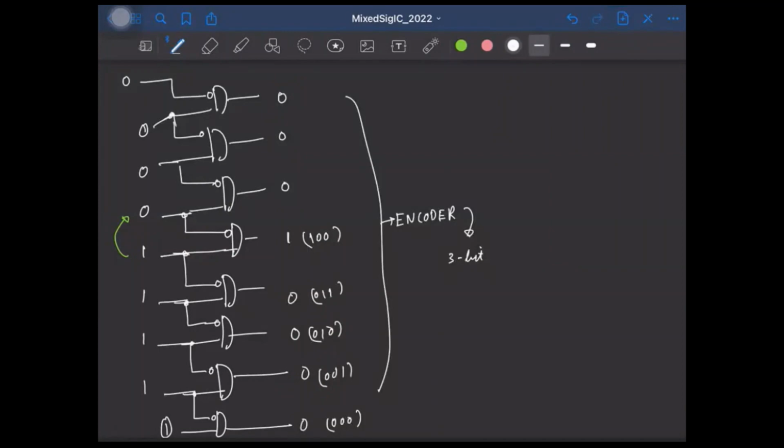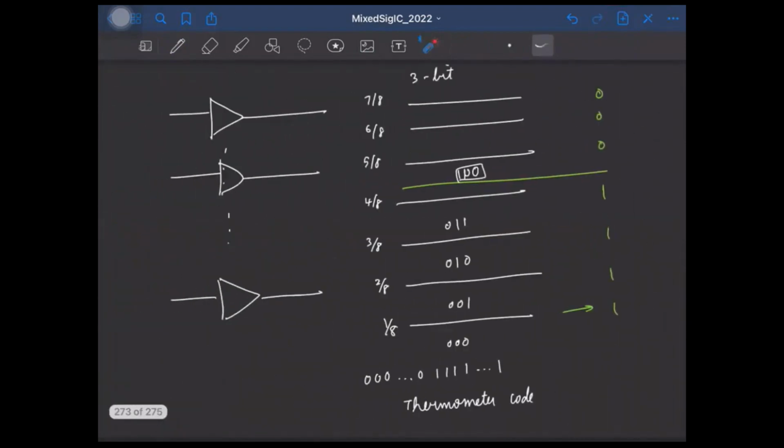But a modern solution to convert this thermometer code to binary is to make the following observation. If you look at the thermometer code, we have a total of 4 ones, and the equivalent binary code is 100, which is 4 in decimal.